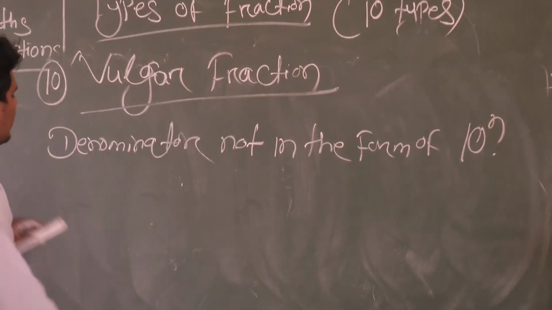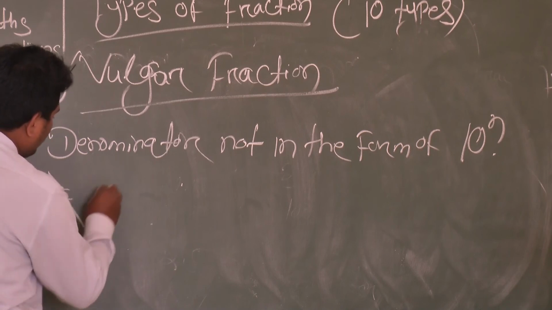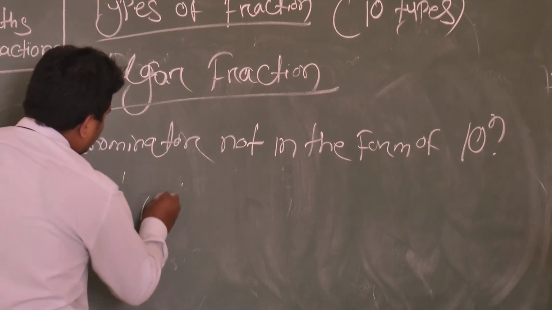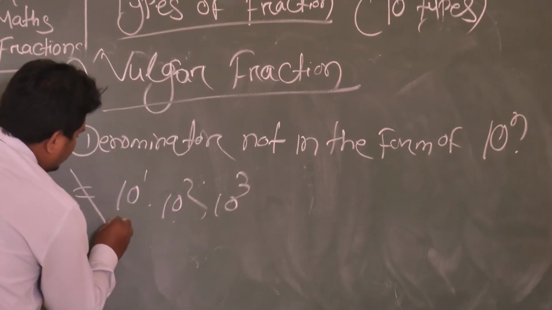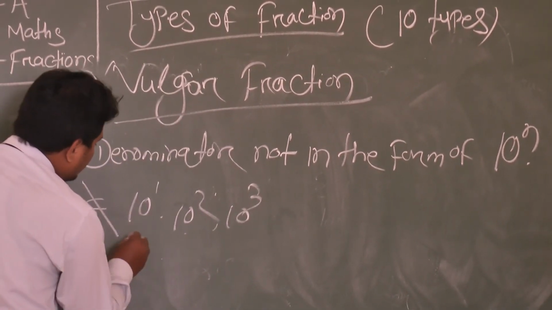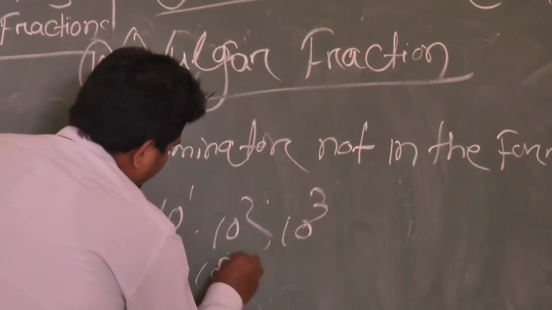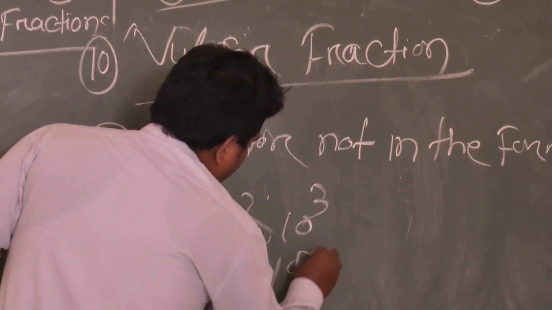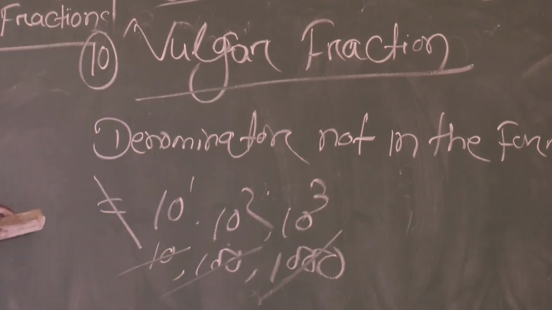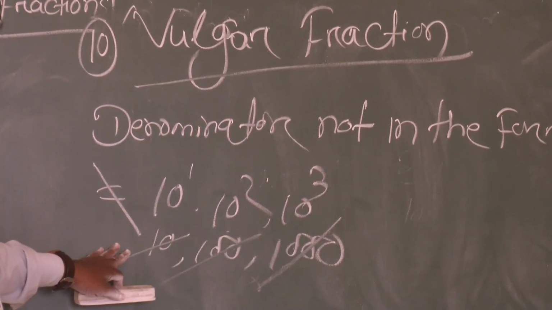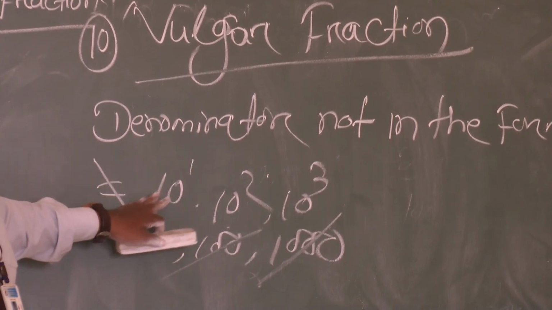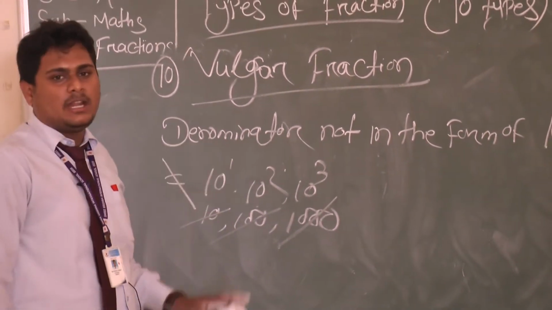10 to the power n form means it should not be 10 to the power 1 or 10 to the power 2 or 10 to the power 3. Okay, it means the denominator should not be 10, 100 or 1000, like that. In a vulgar fraction the denominator should not be found in 10 to the power n form.